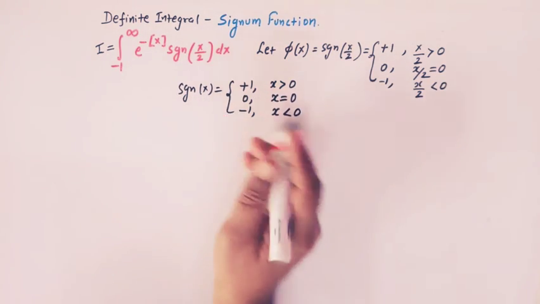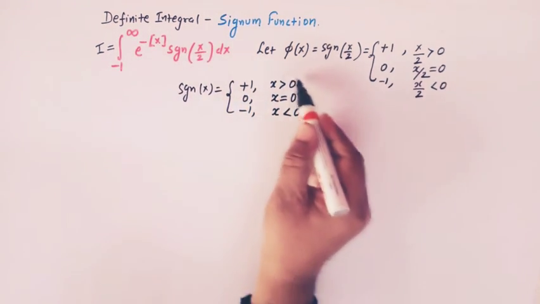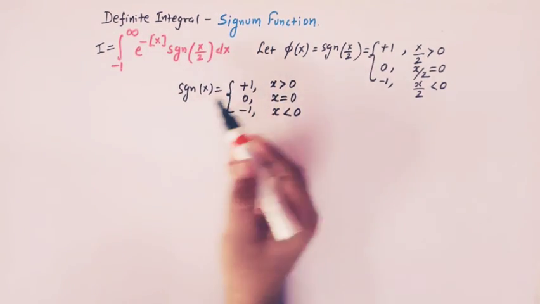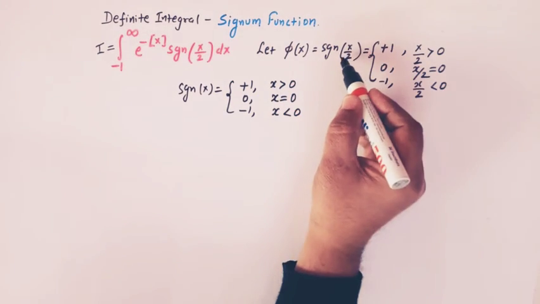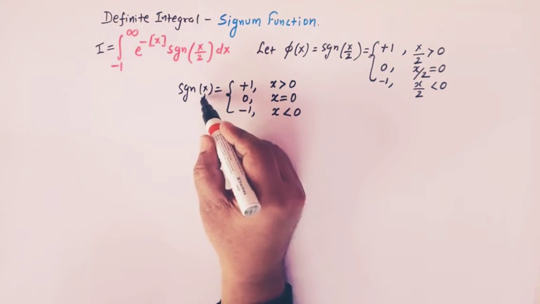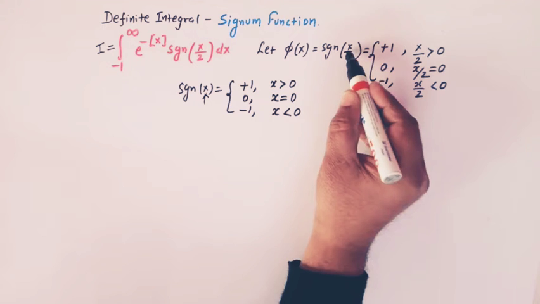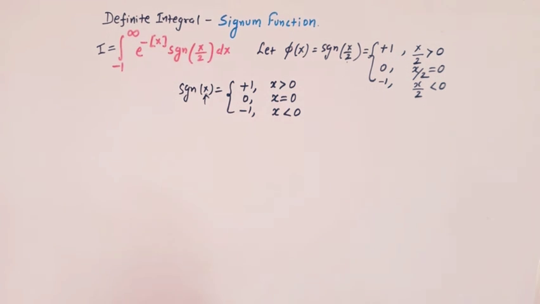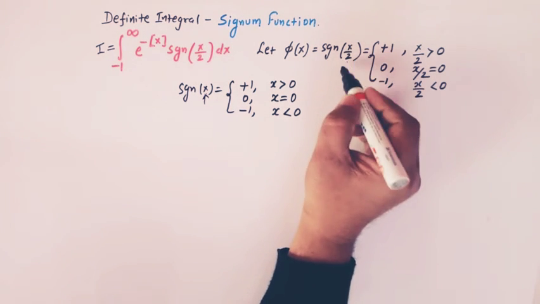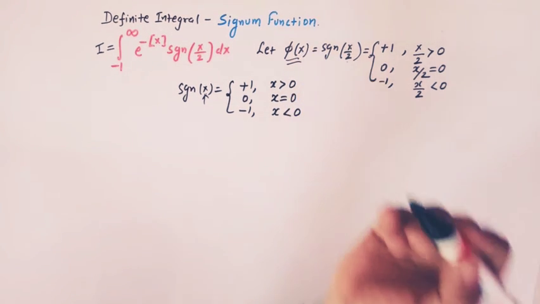So here we have used this definition of the signum function, and for this x we have x over 2. We have denoted the function signum of x over 2 by phi of x.